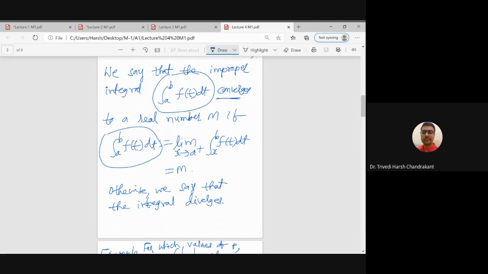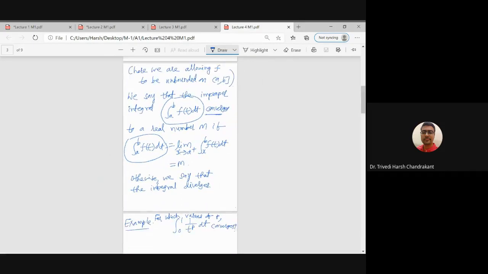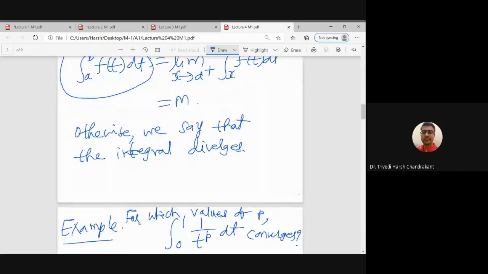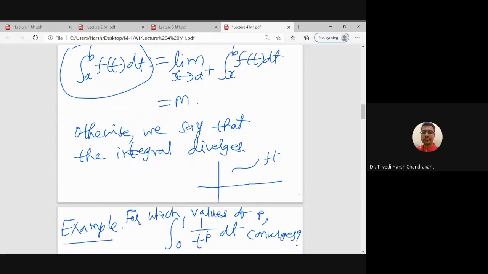We are given the closed interval AB, and we are taking x between A and B. Our function f(x) is given from A to B, and x approaches A from the right side.